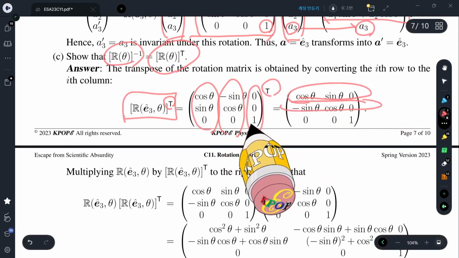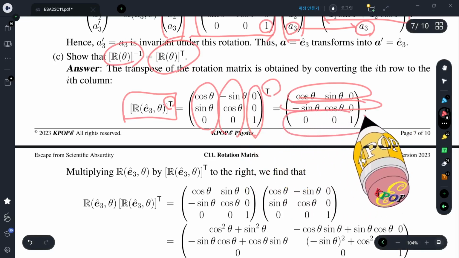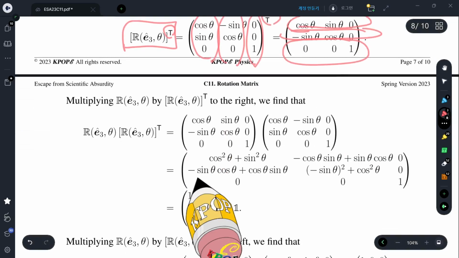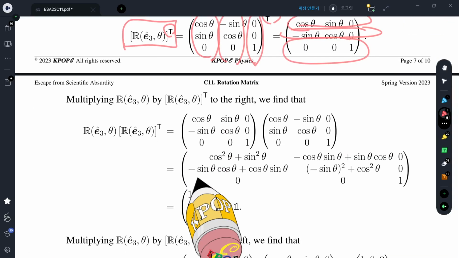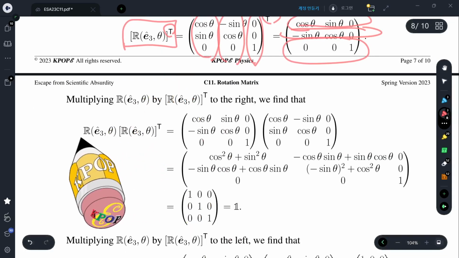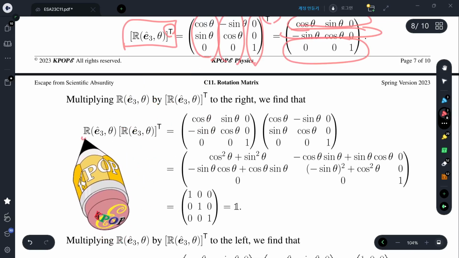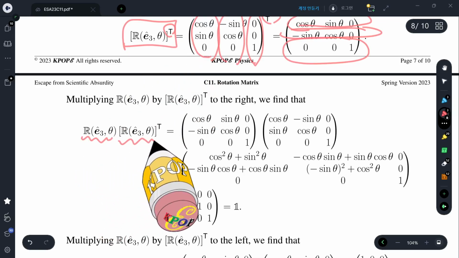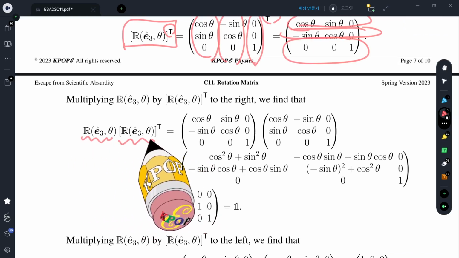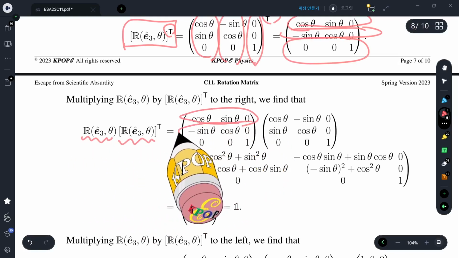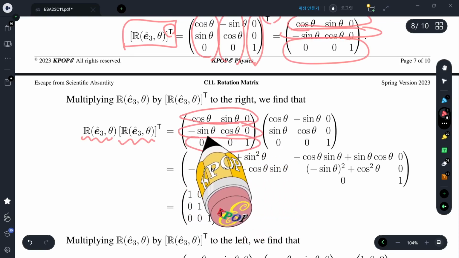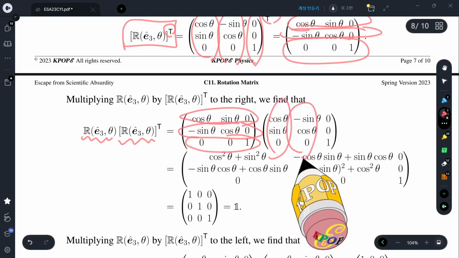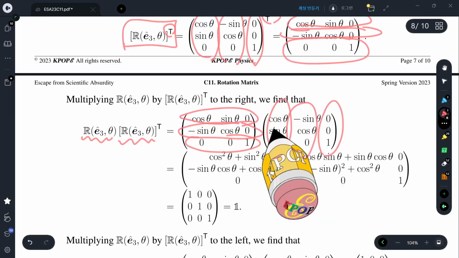The third column is shifted to the third row. That's fine. So let us multiply these two matrices, the rotation matrix and its transpose. Multiplication of two matrices can be made just by choosing the rows, just choosing the columns that appear next.